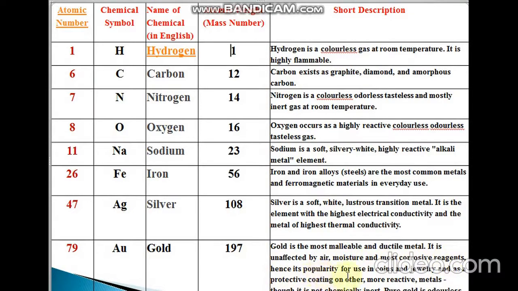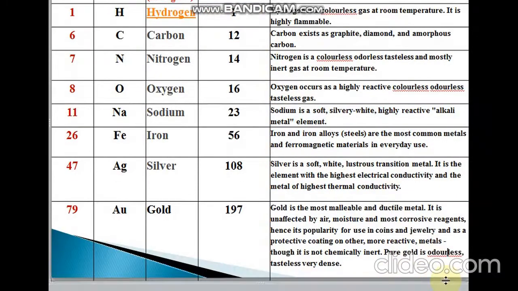Hence, its popularity for use in coins and jewelry and as protective coating on other more reactive metals. There is a metal that is chemically impaired. Gold is odorless, tasteless, very dense.